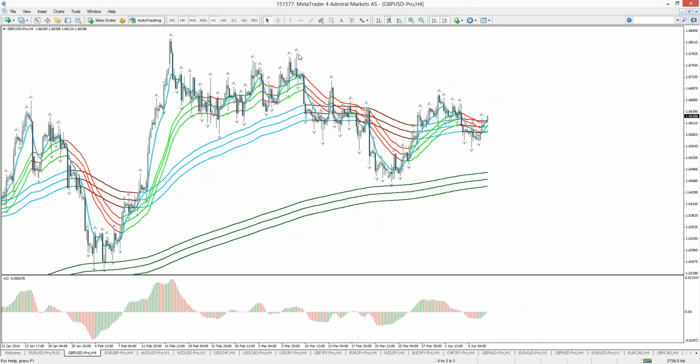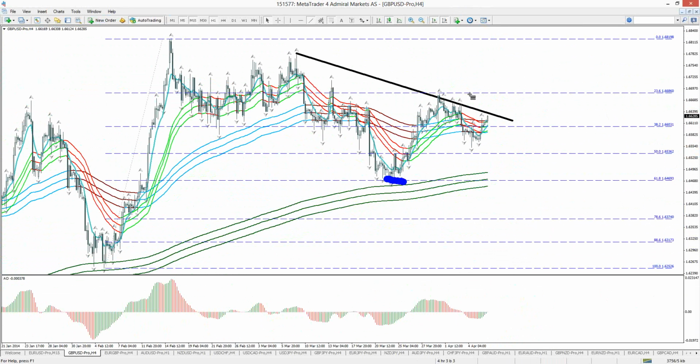All right, because we had a 61.8 fib bounce here, as we know, and we had a 61.8 bounce here. So they were all 61.8 bounces. Now let's see if we get the follow through to the upside from a daily chart, for instance.